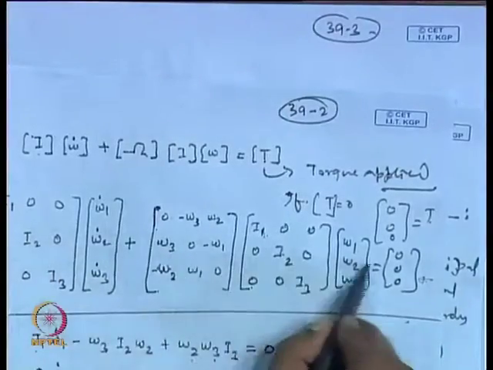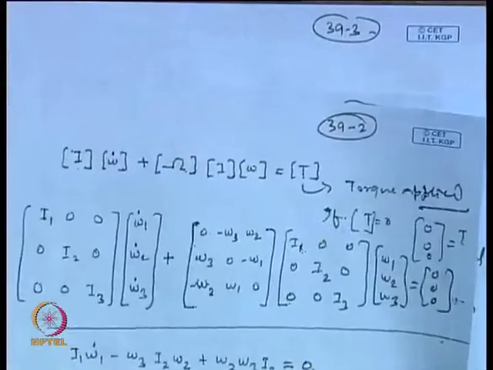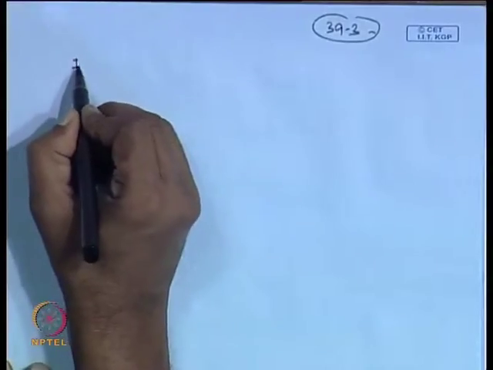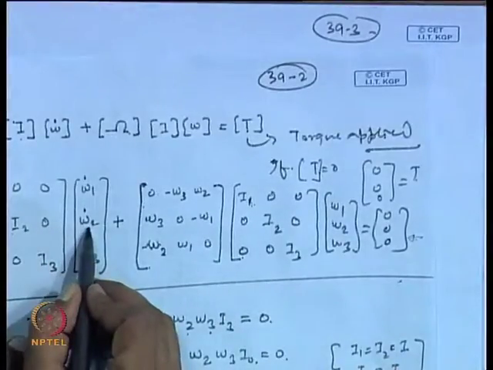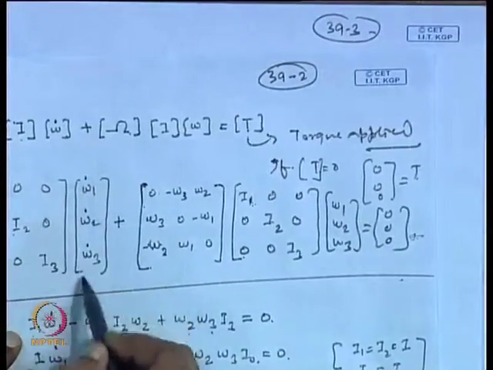Okay. Similarly, by expanding this we can write the next equation. So, in total we are getting 3 equations from here. The next equation you can write by multiplying the same thing: I 2 times omega 2 dot, these elements are 0, so they will be 0.